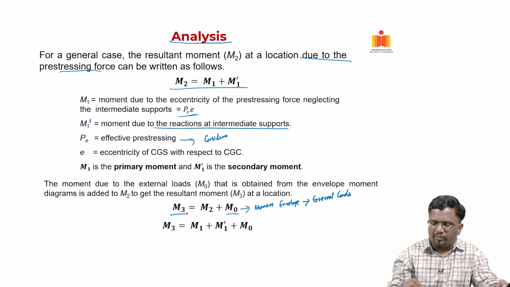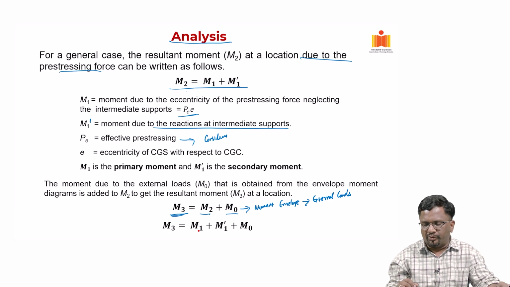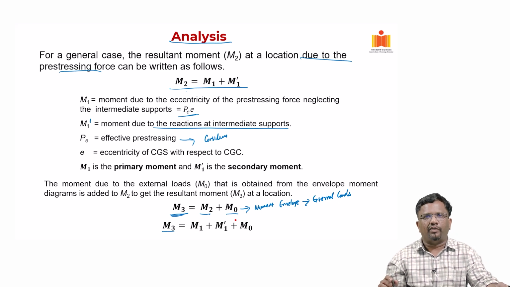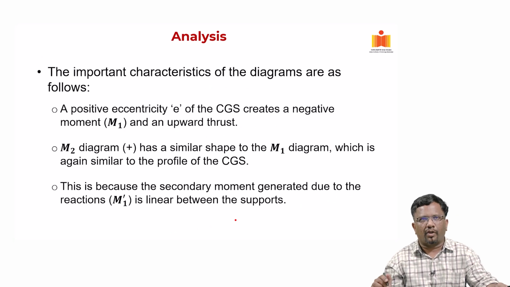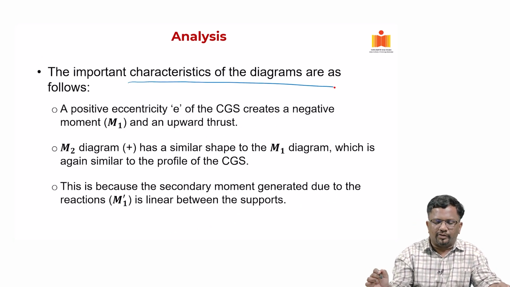So M3 is the final moment that we need for design, which will be the summation of M2 plus M0. Now, what is M2? M2 is the summation of your primary moment and the secondary moment. So totally we can write M3 as M1 plus M1 prime plus M0, where M0 is your moment envelope from external loads.